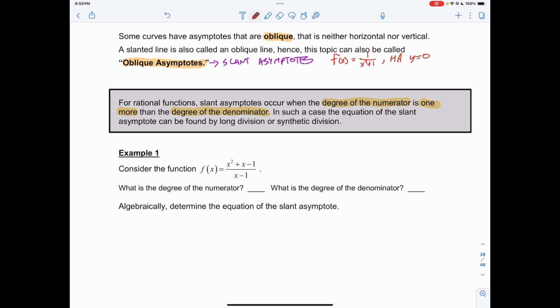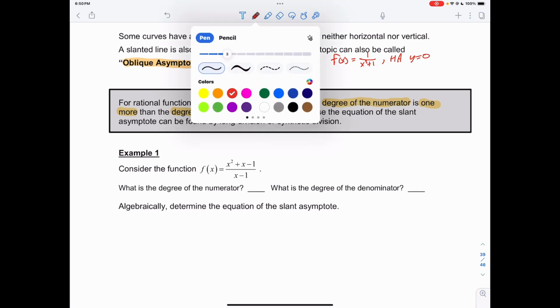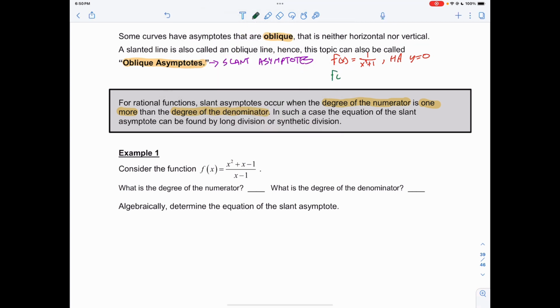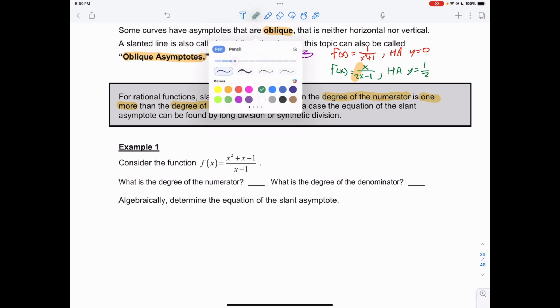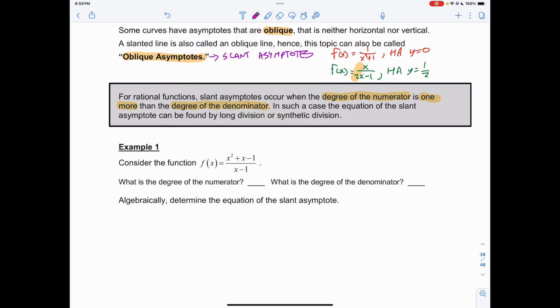If I have a case where the numerator has the same degree as the denominator, then I can divide out the leading coefficients to figure out that this would have a horizontal asymptote at y is equal to 1/2.